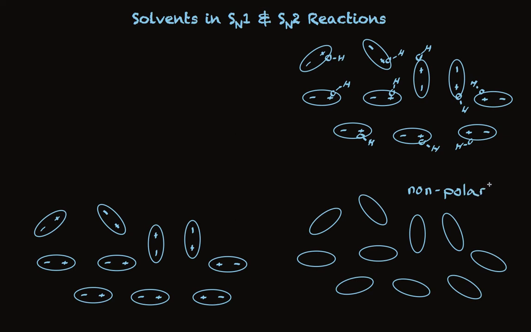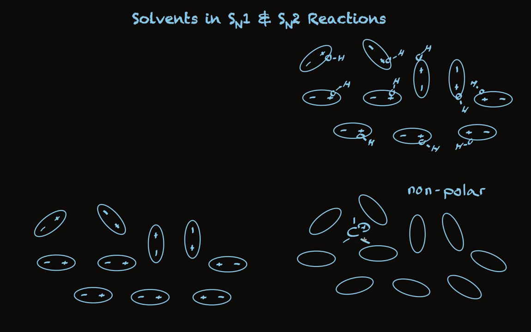We remember from discussions about polarity and dissolving things and intermolecular interactions that nonpolar molecules don't interact well with ions or really polar molecules. So if we were, for instance, to put a cation, let's say a carbocation, in amongst a bunch of molecules that are nonpolar, those molecules wouldn't show much interest in that carbocation. They wouldn't interact with it much. They wouldn't stabilize it much. They wouldn't destabilize it, but there'd be very little interaction.